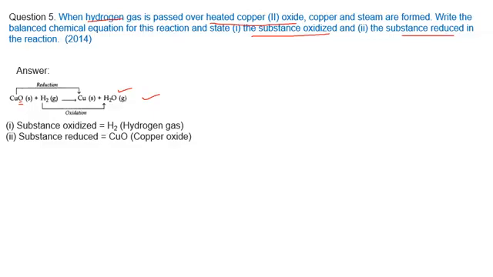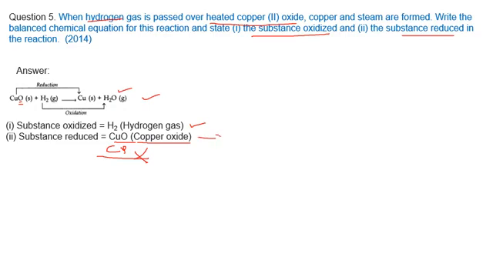So the substance oxidized over here is hydrogen gas, and the substance reduced is copper oxide. Okay, children, here I have seen in the papers that you made a mistake. For substance oxidized and substance reduced, you write copper, which is wrong. Copper is not the substance which is reduced. Copper oxide is reduced. Okay.